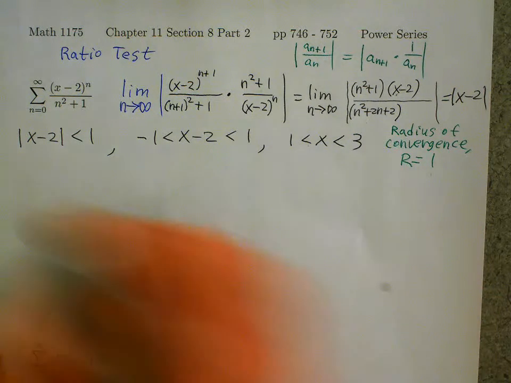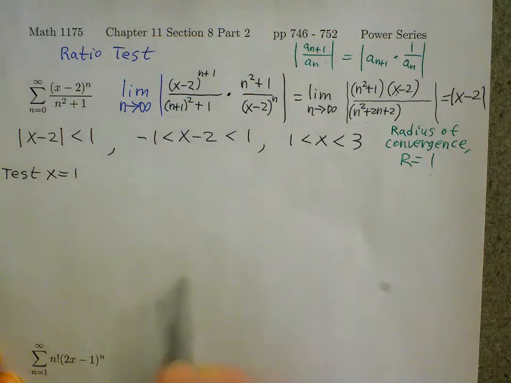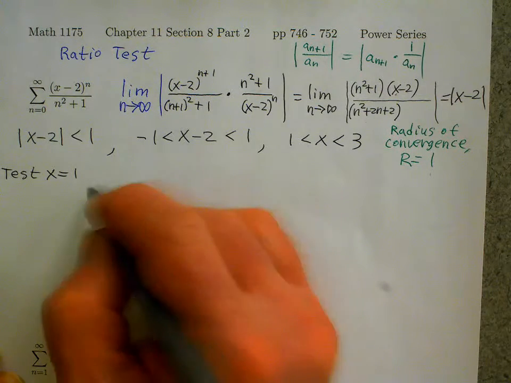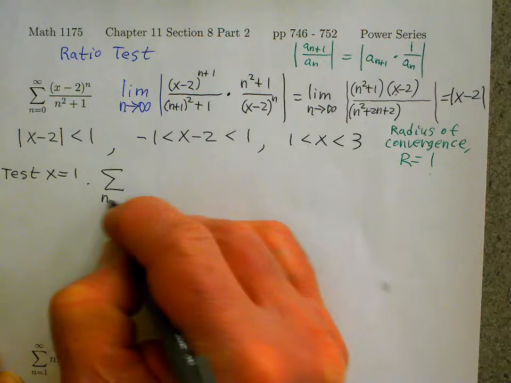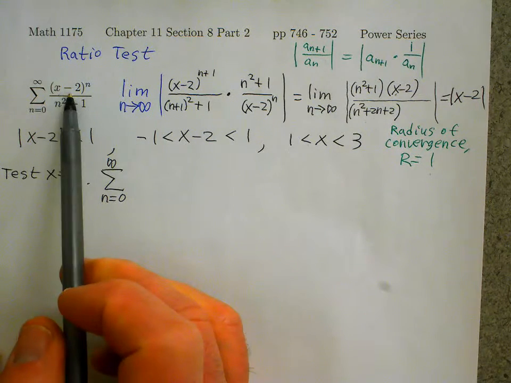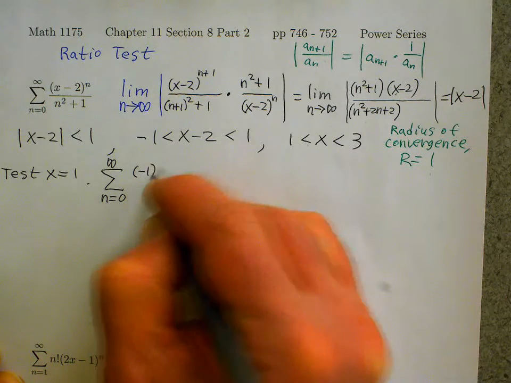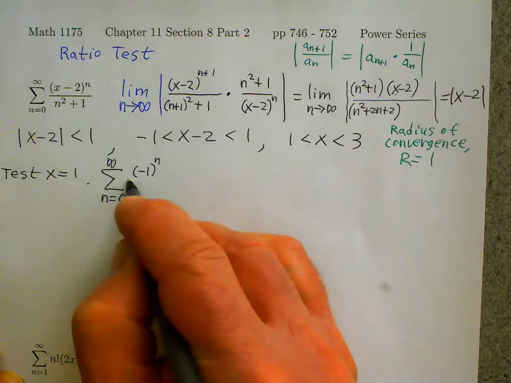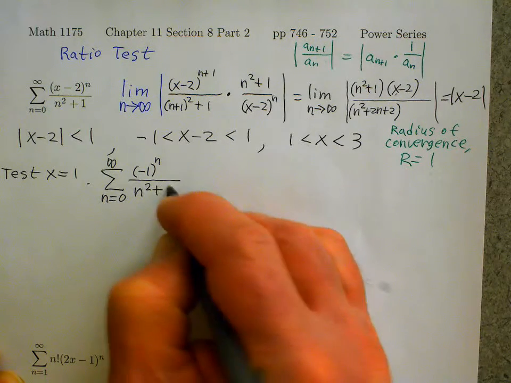So let's test the endpoint x equals 1 in the original series. So when we replace x with 1, 1 minus 2 is negative 1, so we get an alternating series, negative 1 to the n, divided by n to the second plus 1.